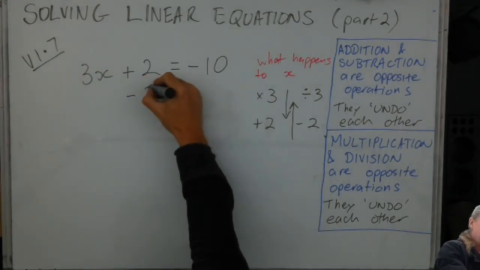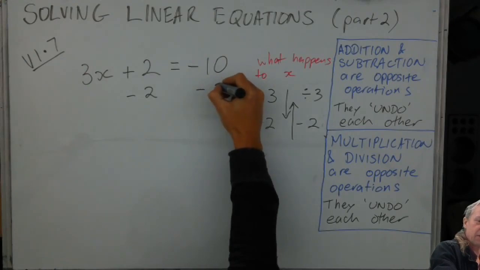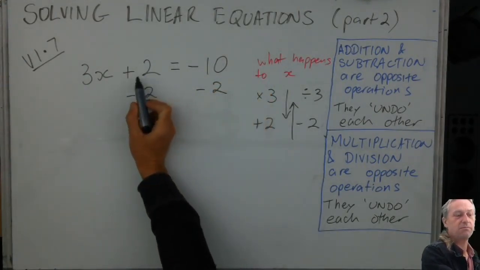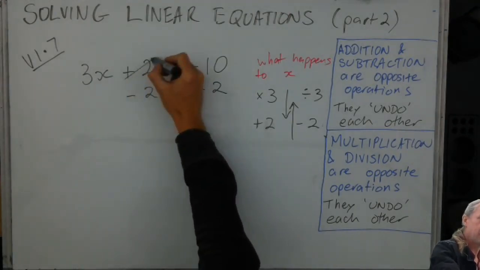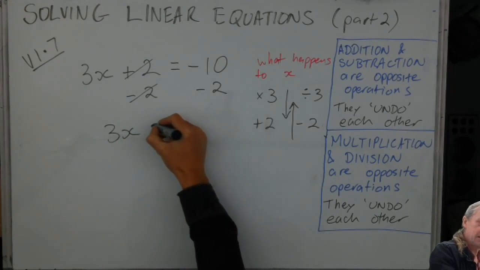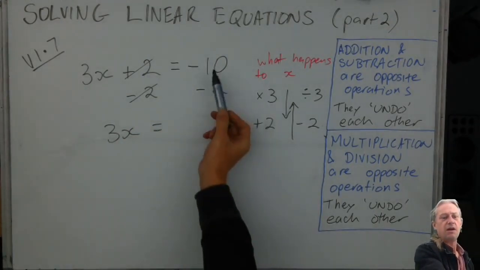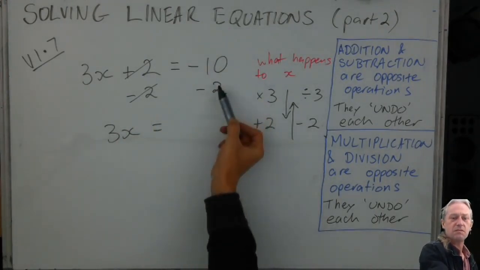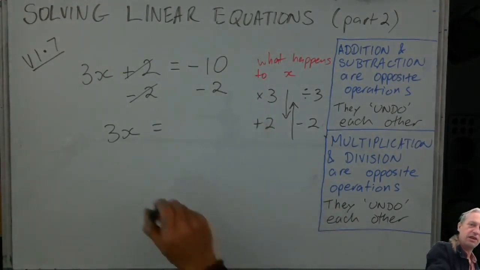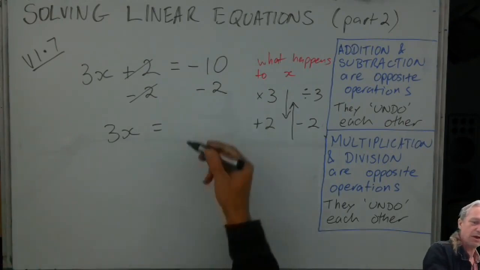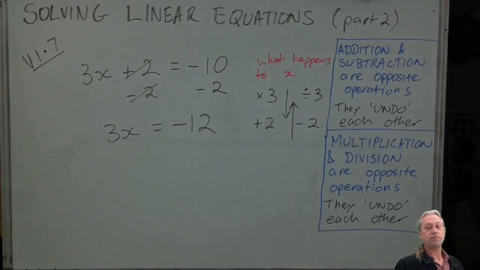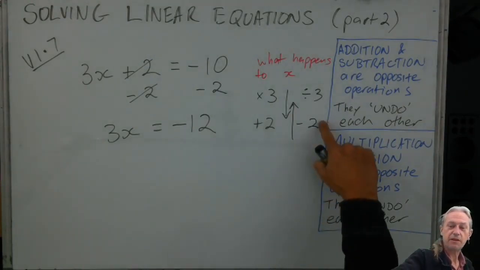So let's take away 2 and we'll take away 2 there. So over here we've got adding 2, taking 2 away, cancels out, and we end up with 3x equals -10, take away 2. So we're already at -10 and we're taking another 2 away. So we end up at -12. So we've done this step.